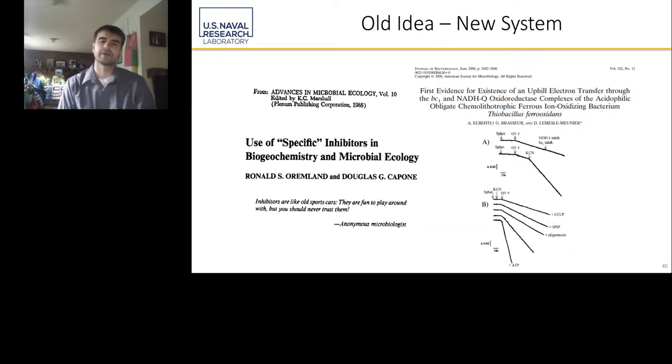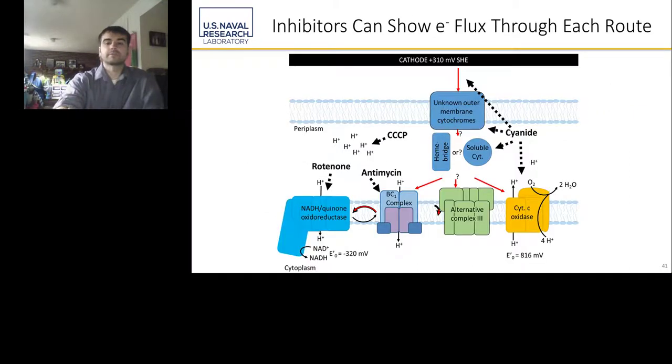This is a very old idea. People have been using these inhibitors for 40 or 50 years, and they've been used to provide some of the first evidence for reverse electron transfer, or in this case, uphill electron transfer. That's basically what we're trying to do here.